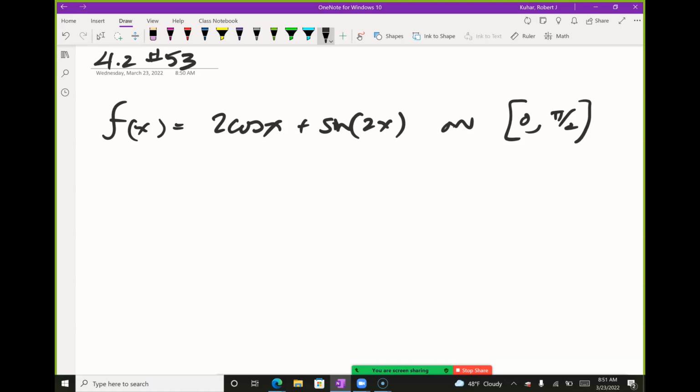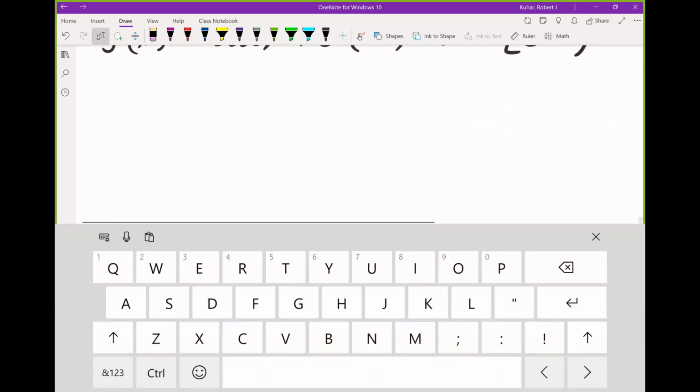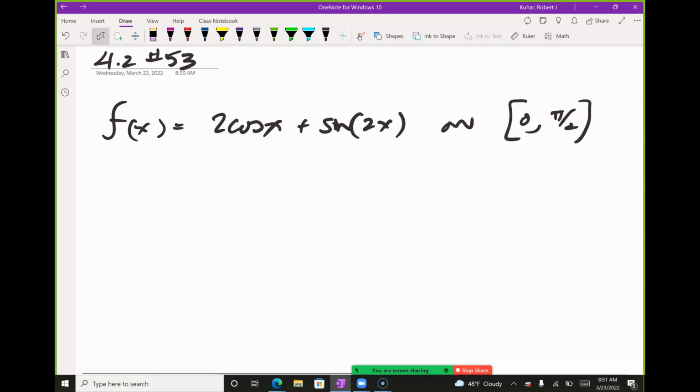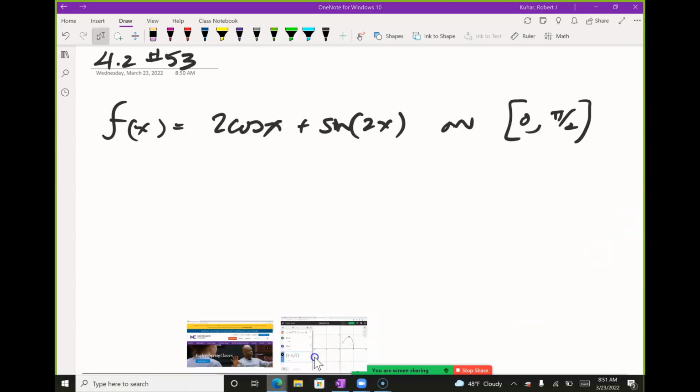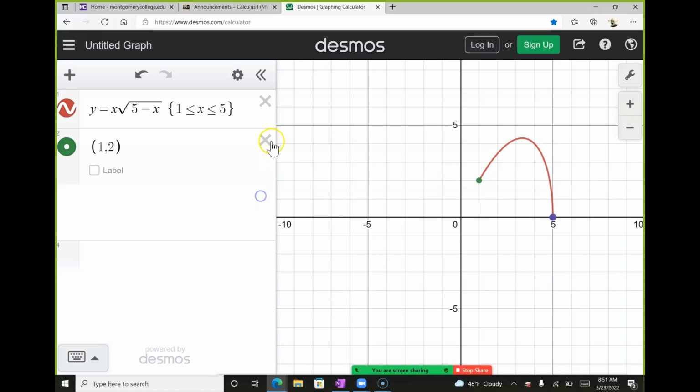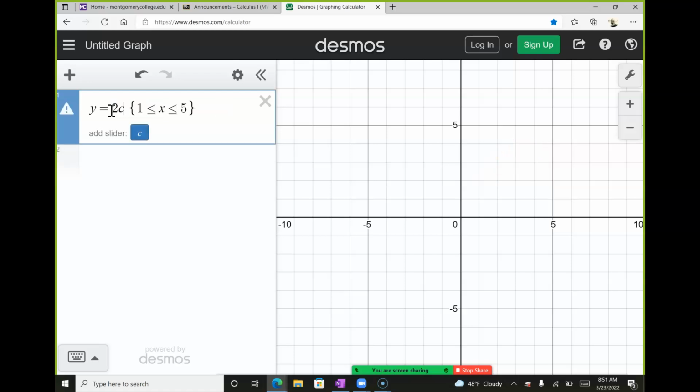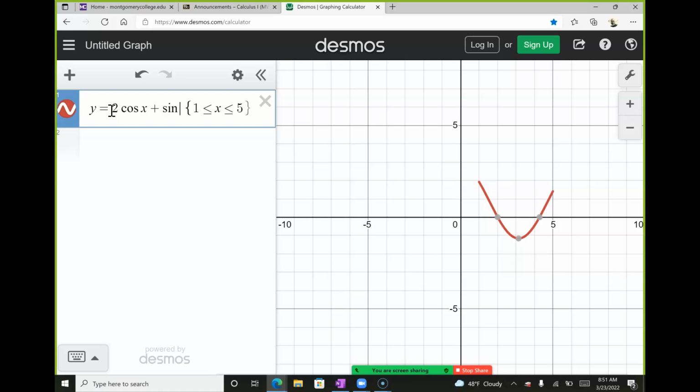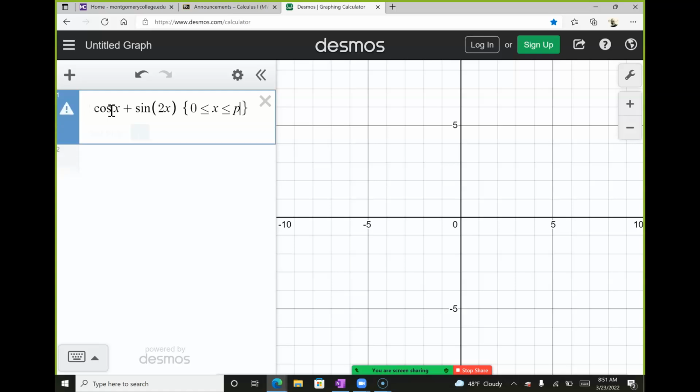So let's graph this. 2 cos x plus sine 2x from 0 to pi over 2.